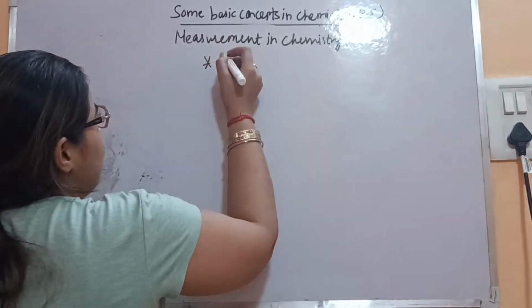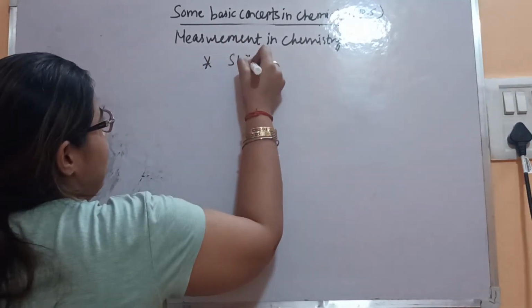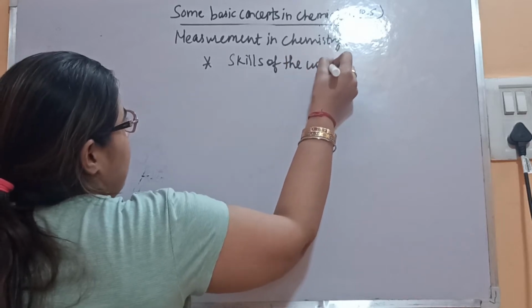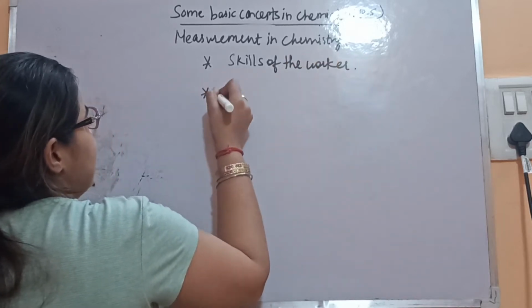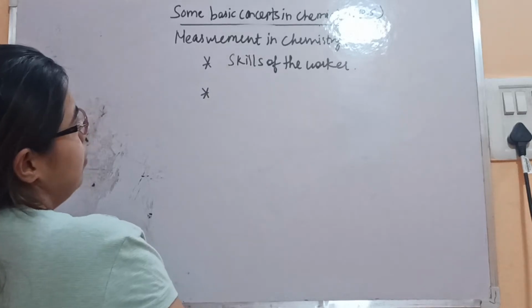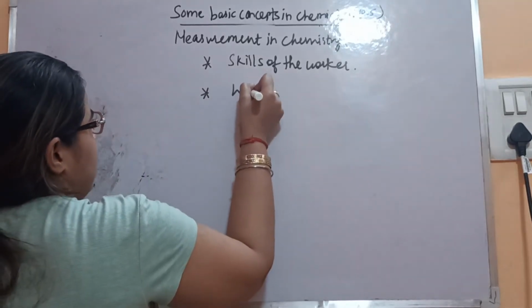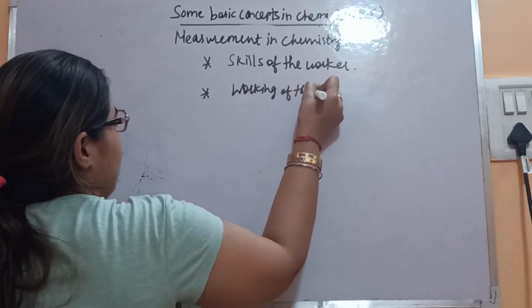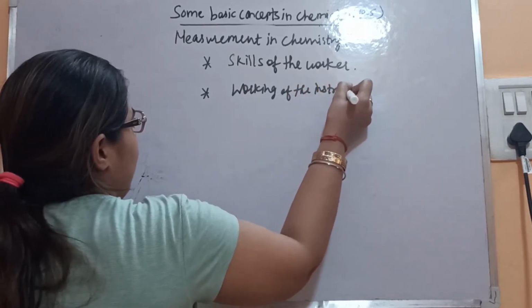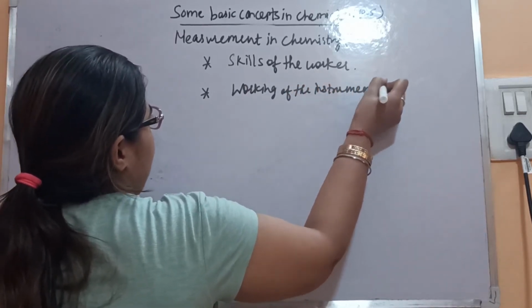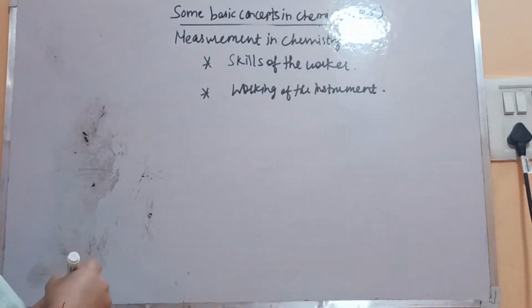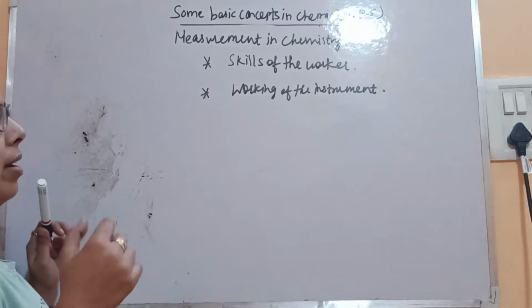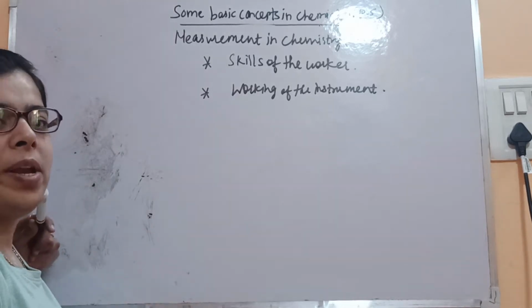It depends upon two things. One is the skills of the worker, and the second is the working of the instrument. Skills of the worker means how the person working in the lab is operating the instrument.